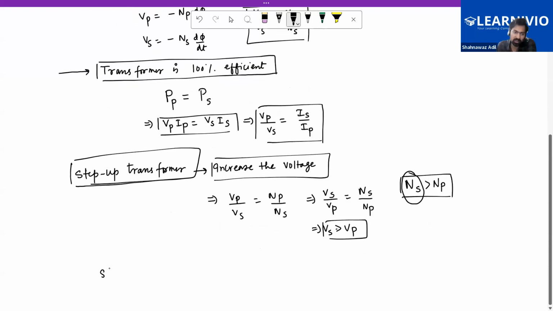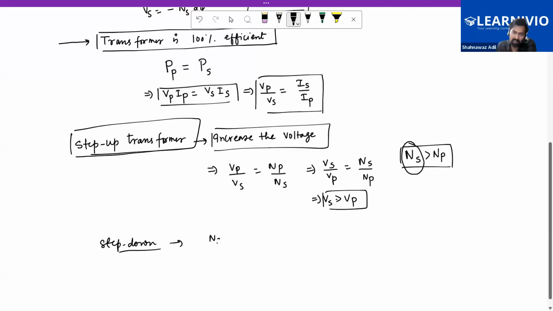Step down is the opposite, and in this case, Ns is less than Np. So Vs is less than Vp. The voltage is decreased, and this is what you use, let's say, with a power station. The power station generates the voltage, and then on the streets you will see these transformers.